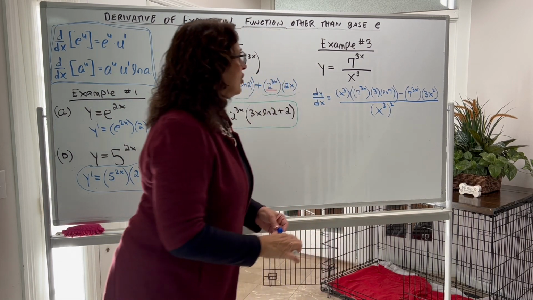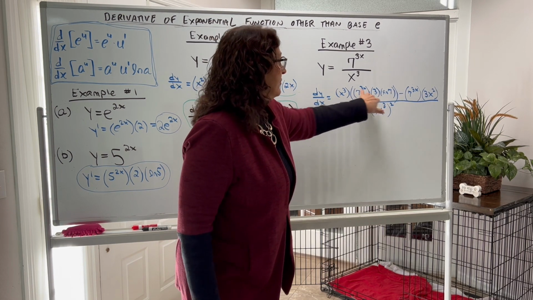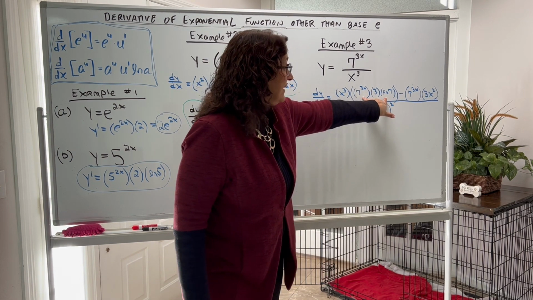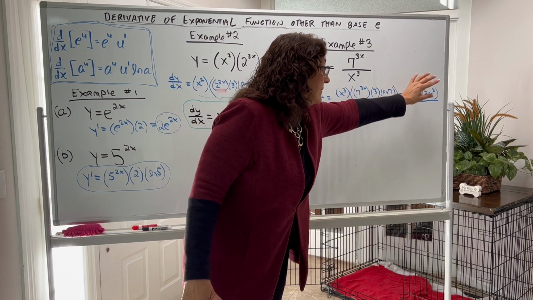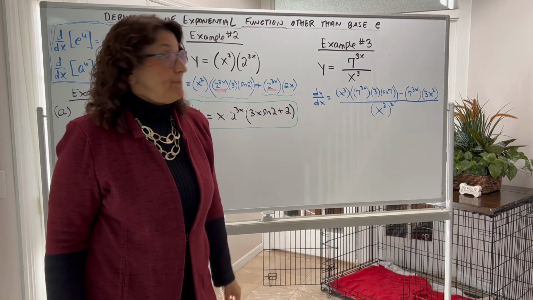So your quotient rule is: you always start with the denominator times the derivative of the numerator, minus the numerator times the derivative of the denominator, all over the denominator squared.